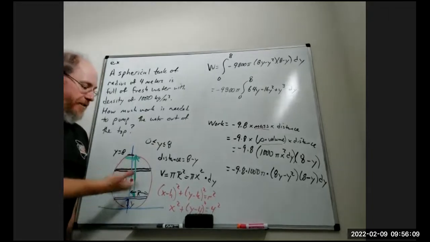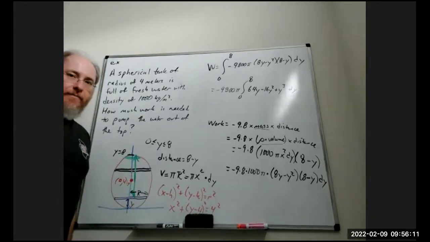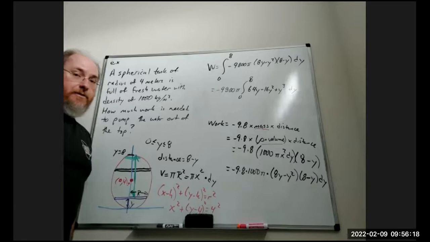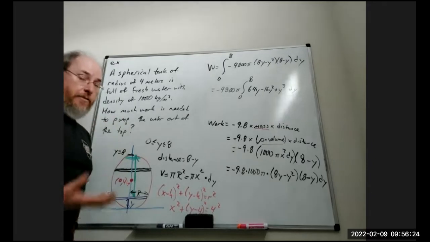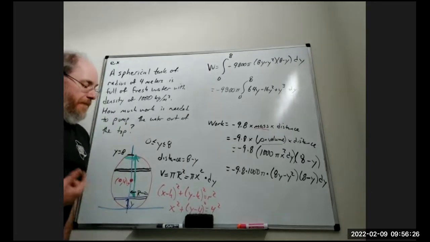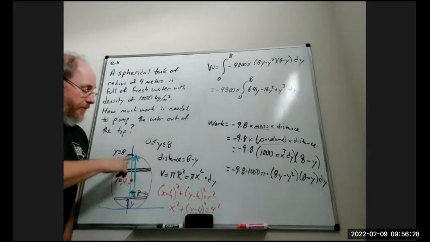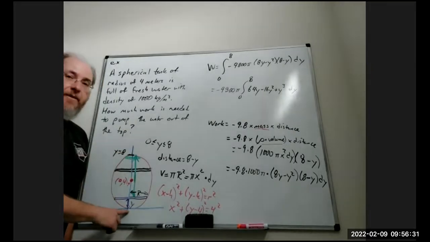Imagine you have this tank and you want to empty it, you're going to have to do something. You're going to have a pump of some kind. You're going to have to supply some energy to it in some way, whether it's a mechanical pump, an electronic pump, or a hand crank. We're going to have to do work. Now imagine that instead of going out the top, we had just gone out the bottom.